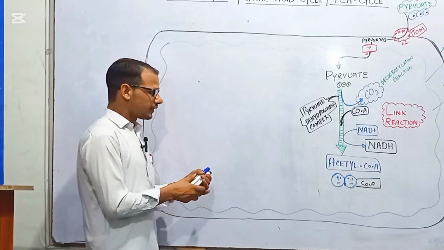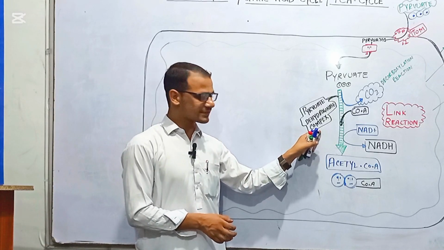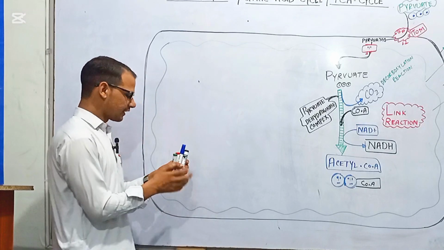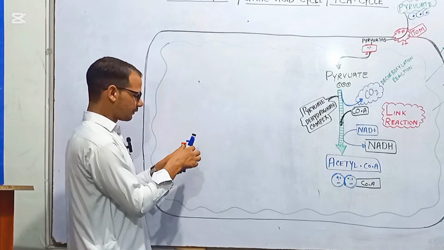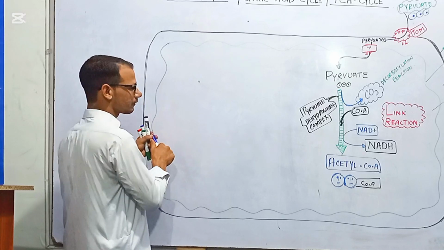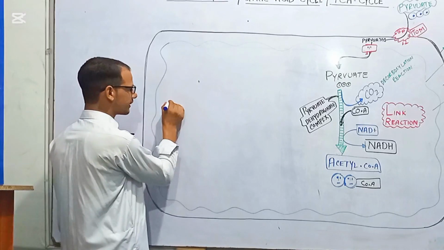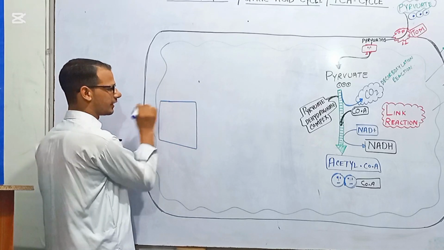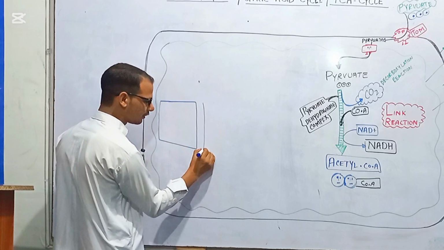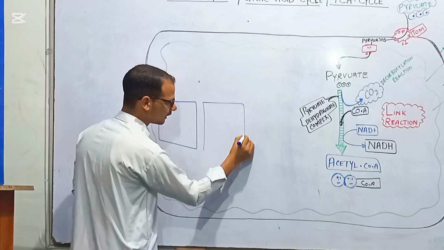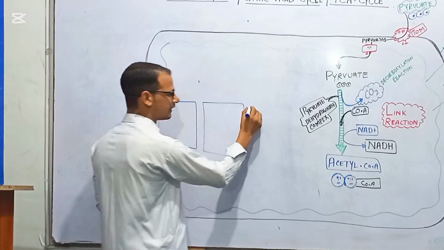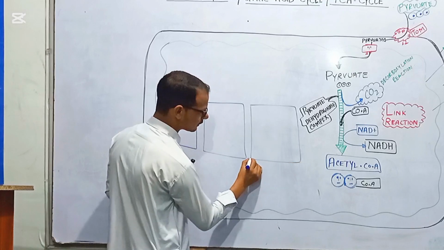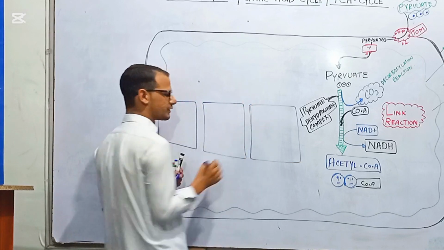So here, as I have told you, this enzyme has three components. For example, this is the first component of pyruvate dehydrogenase. This is the second component of pyruvate dehydrogenase, and this is the third component of pyruvate dehydrogenase.